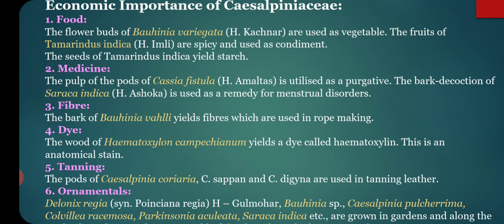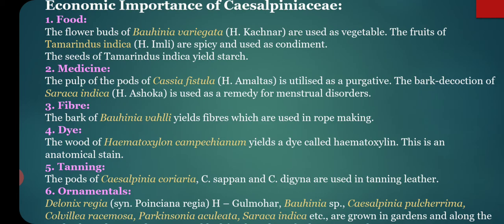Then ornamentals. Of course, you can see very showy, colorful flowers are there. So we can use these plants as ornamentals. Delonix regia, that is Vaka, Gulmohar, then Bauhinia species, Bauhinia acuminata, Bauhinia purpurea, all are there.